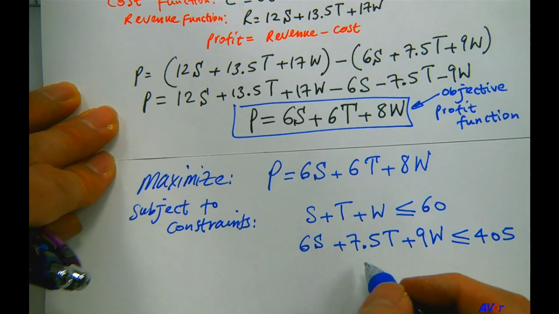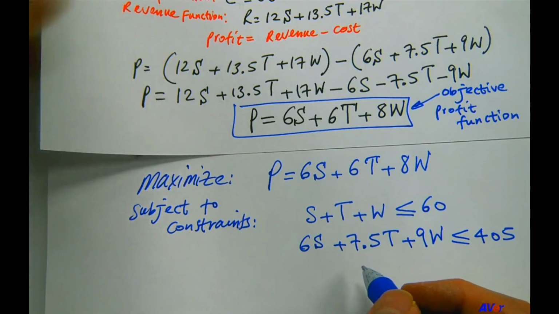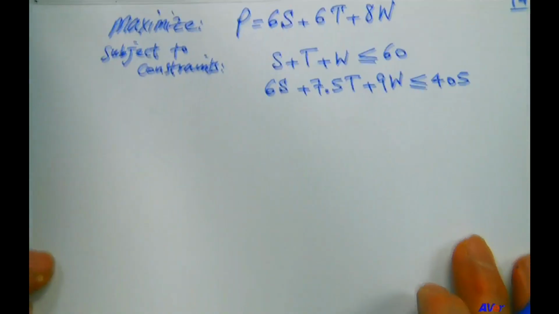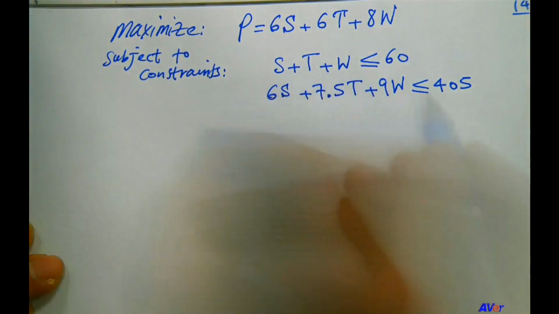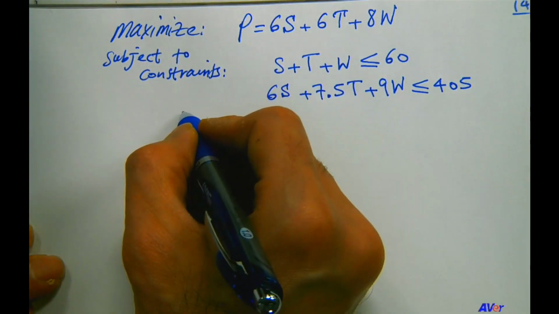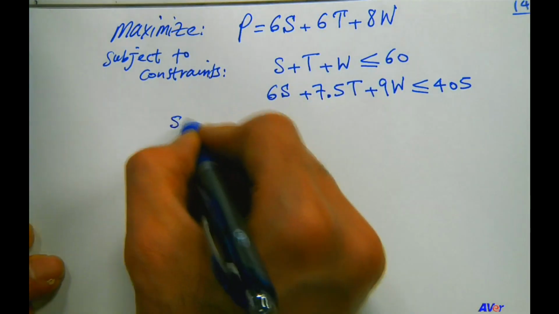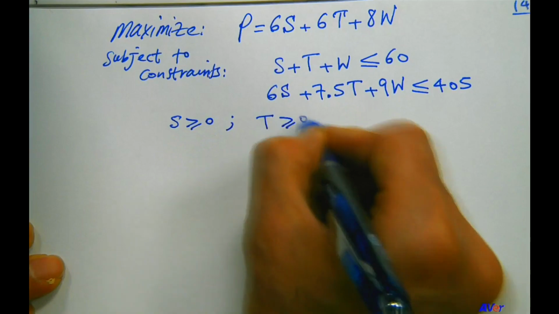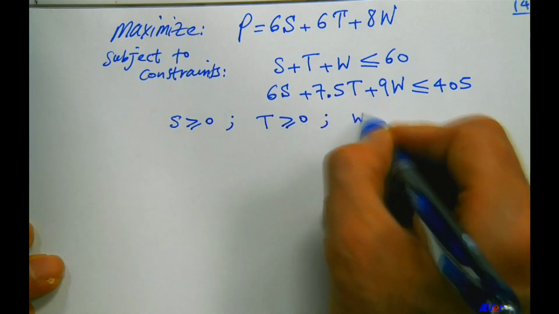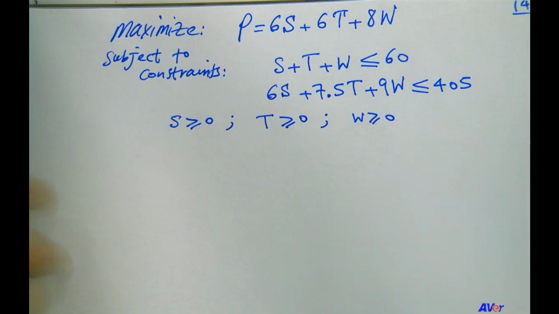And of course, the condition for a standard maximum problem, which is s must be greater than or equal to 0, t must be greater than or equal to 0, and w must be greater than or equal to 0. Okay, so we have that in front of us.